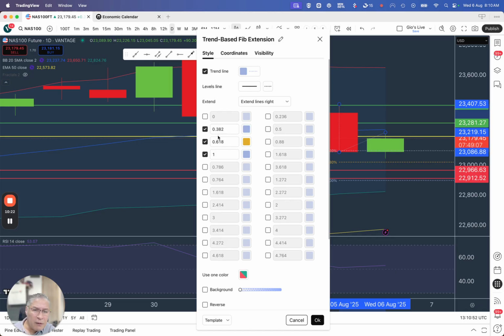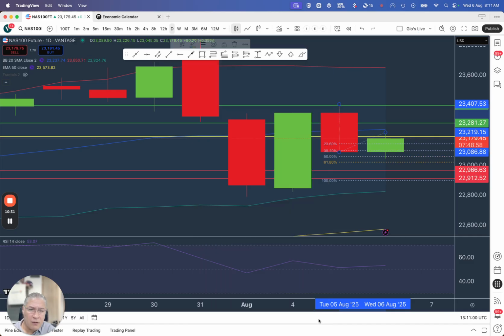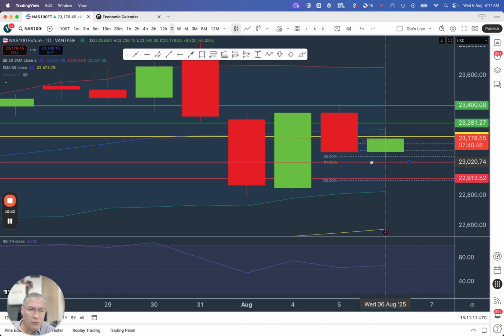We want to use as many extension values as possible. Okay, here we go. So the Fibonacci golden ratio will be the first level, so let's use that as a possible level of support.